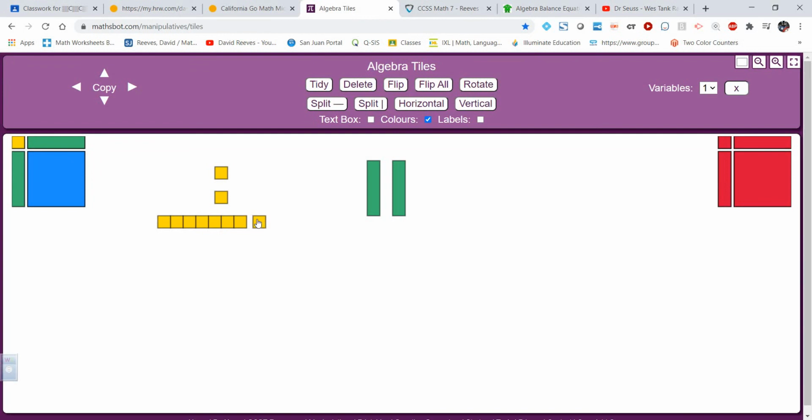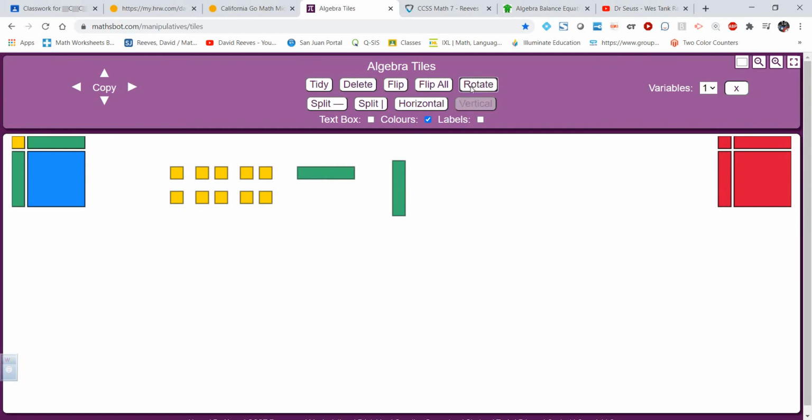So with algebra tiles, what we do is we break them up into the number of groups we need, in this case, which is 2, right? Let me do that, and then we usually like to make it look nice. So we can rotate it like that and line that one up that way and rotate it that way.